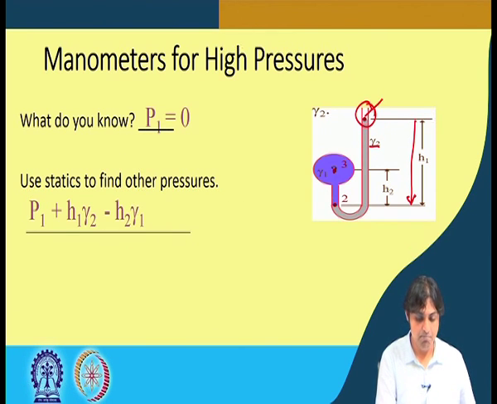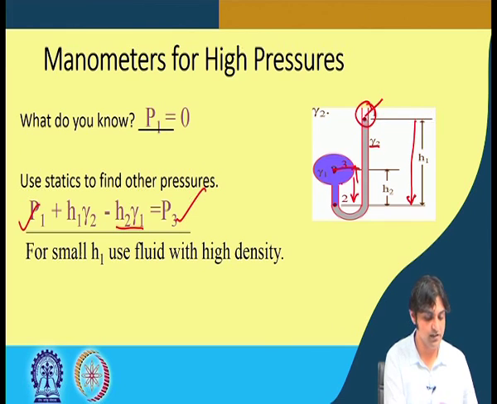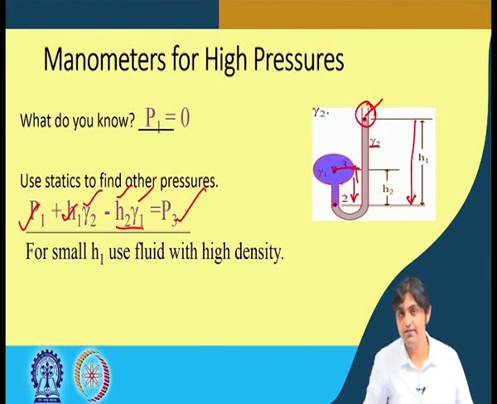Now we are going up by H2 to go to the center, so minus H2 gamma 1 should be equal to P3. So we have found P3 is equal to P1 plus H1 gamma 2 minus H2 gamma 1, right. We know P1, that is 0, we know H1, gamma 2, H2, gamma 1, so we can easily find P3.